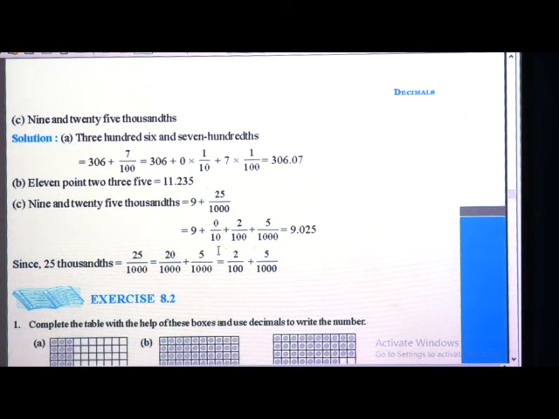In the tenths place we have 0, in the hundredths place we have 2 and in the thousandths place we have 5. So, 9 plus 0.0 plus 0.02 plus 0.005. When we add this, we get 9.025.